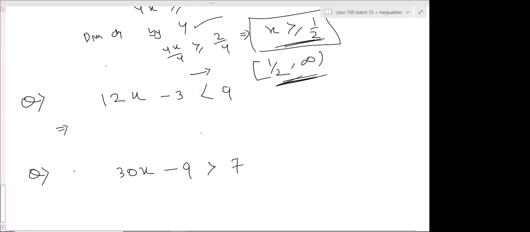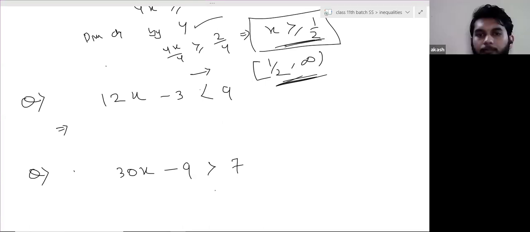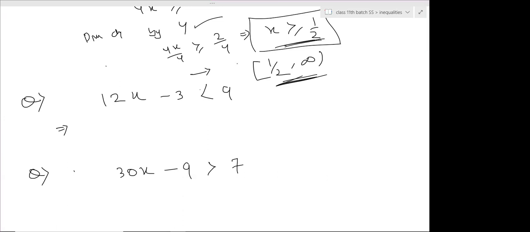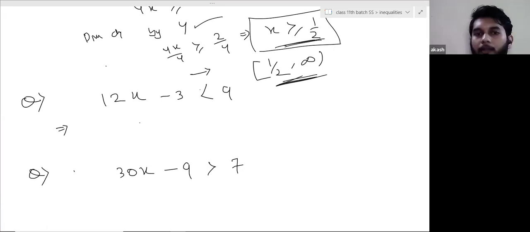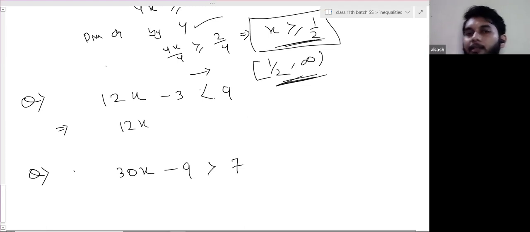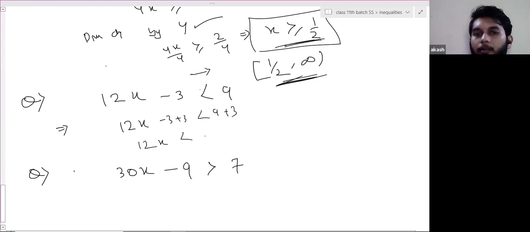Iram, you got the answer here? Yes, sir. All right. So how we can do this? This is 12x, and adding 3 both sides, so these 3 will be cancelled. So 12x less than 12, dividing by 12 we get x less than 1.